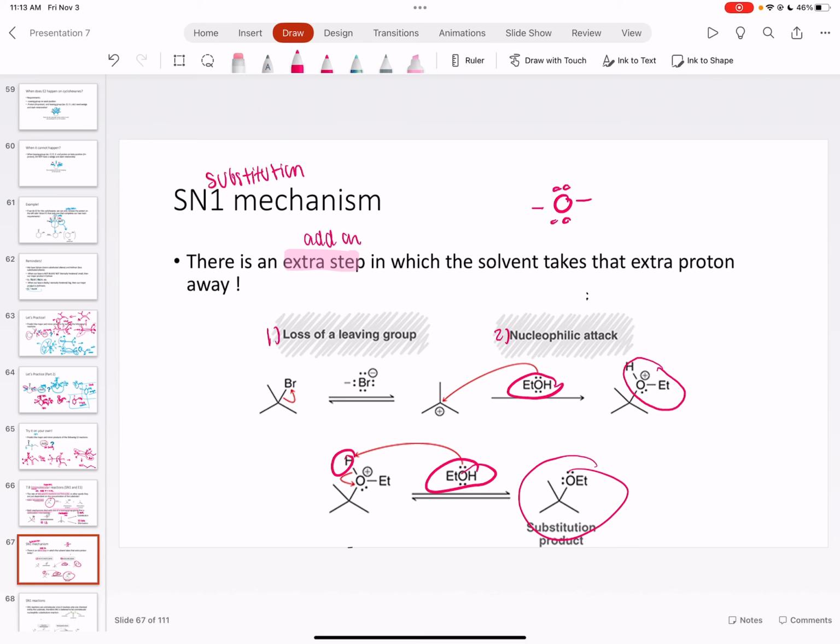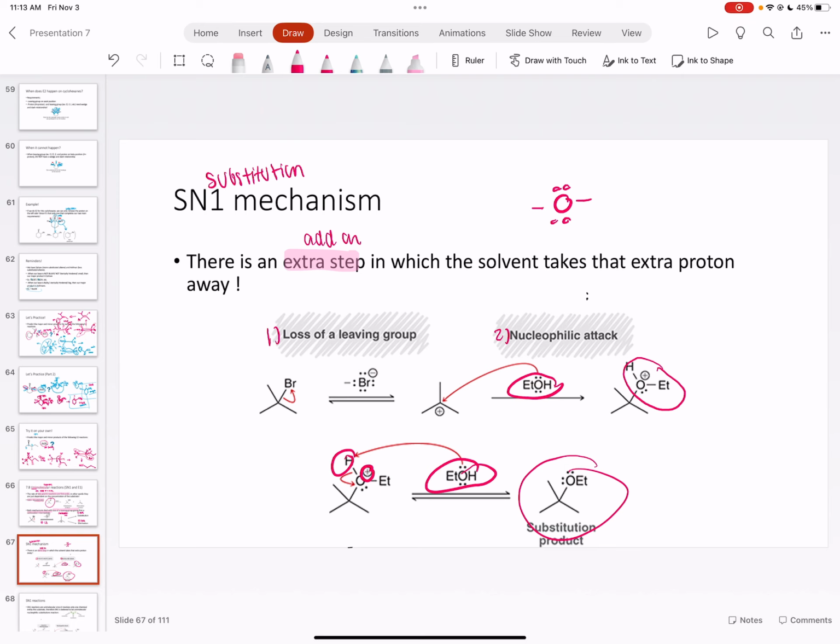Our oxygen has 3 bonds now, and we have a possibility of making it more stable. Therefore, our nucleophile is going to take that extra hydrogen, and it's going to give us a more stable product.